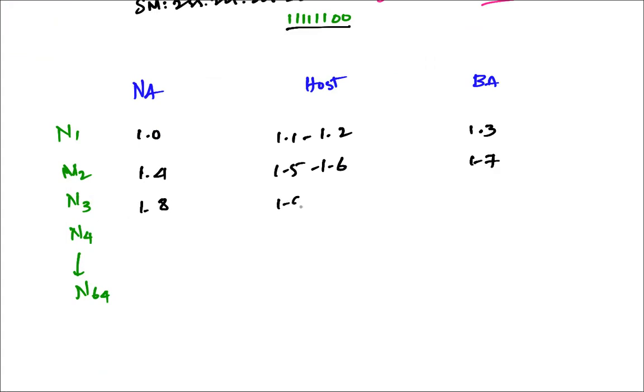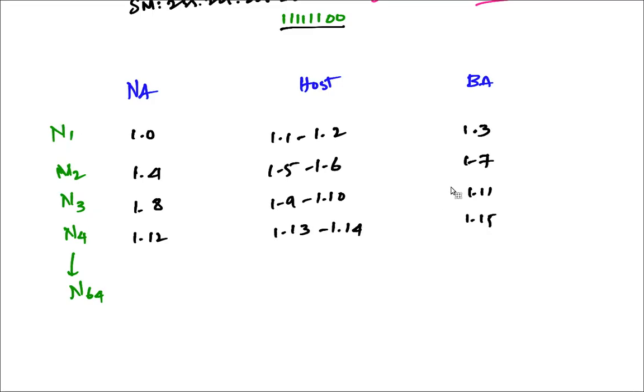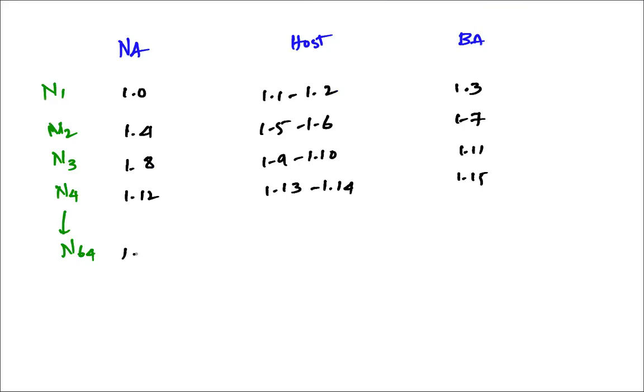Then 1.8, 1.9, 1.10, 1.11, and 1.12, 1.13, 1.14, 1.15. Good. And finally, we'll write the last network, which is 1.252 to 1.255, with hosts in between, 1.253 to 1.254. Okay, yes, got it.